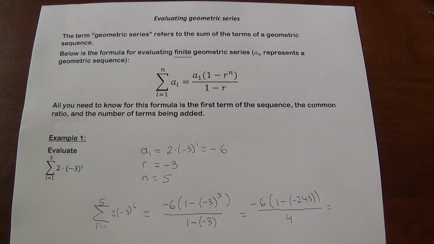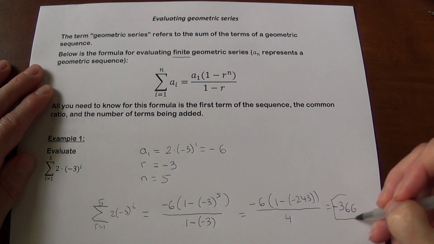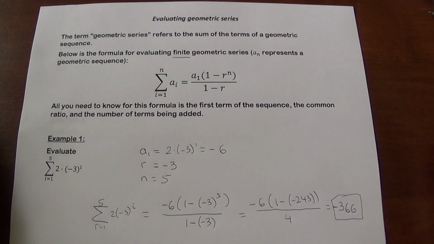And we just need to finish this math here. I hope you're not going to find it too intimidating. And after doing all that, you are going to get negative 366. That means if I were to take all the 5 terms that I'm trying to add here, and add them individually, one by one, then that's the number that I'm going to get.